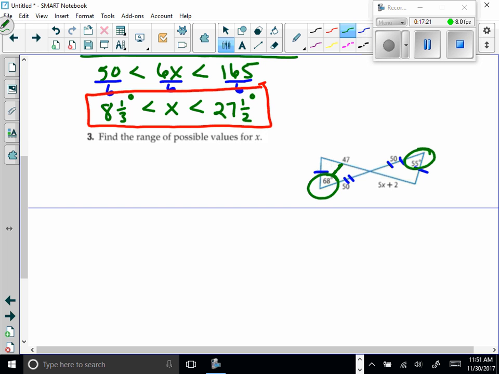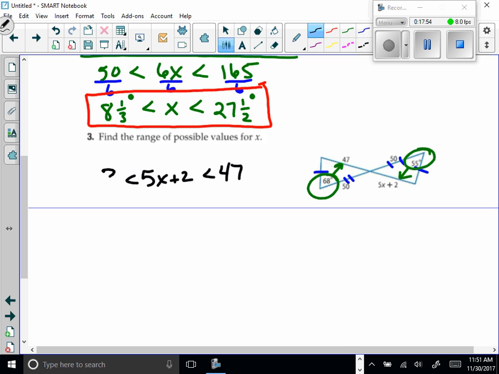The 68-degree angle corresponds to 47, and the 55-degree angle corresponds to 5x plus 2. So if I'm basing my inequality on the x, I see based on the angle measure, 68 is greater than 55, so 47 has to be greater than 5x plus 2. So 5x plus 2 is less than 47 if I'm comparing their corresponding angles.